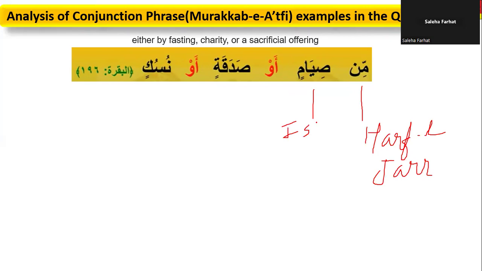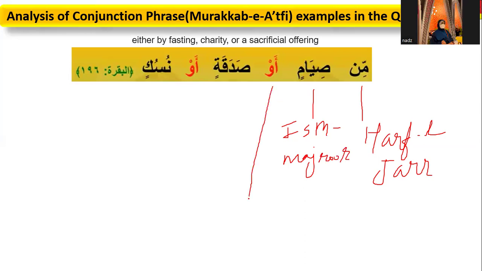Ism, noun, ismi majroor, that we call object of preposition. Now here, aw, atfi. Again, sadaqatin, this is the second ismi majroor.